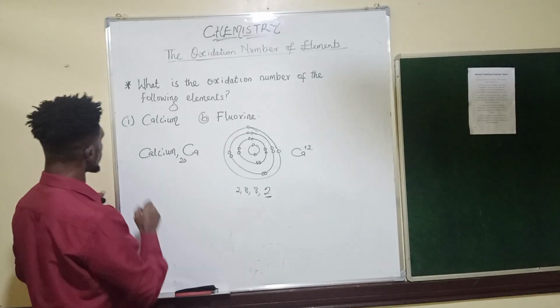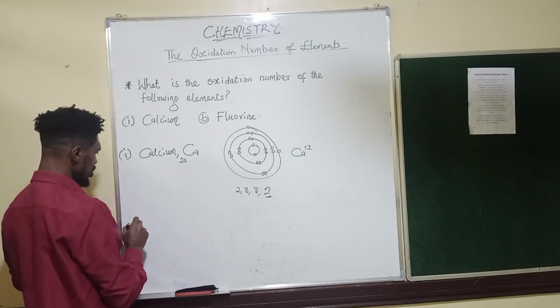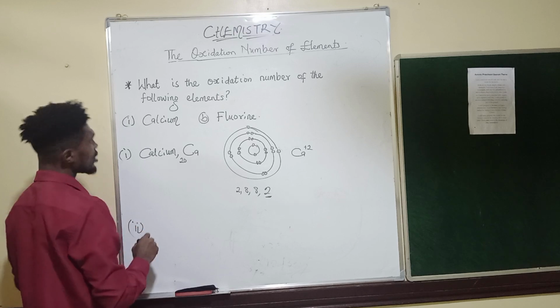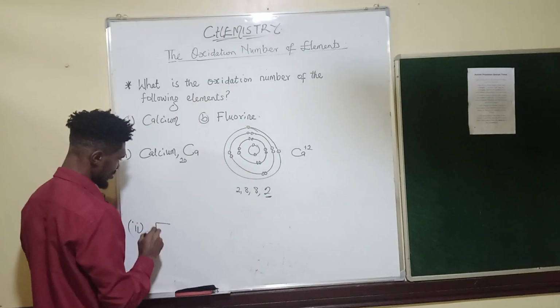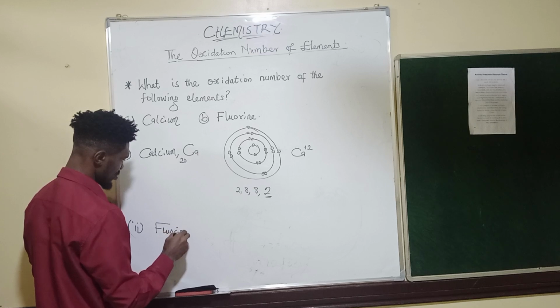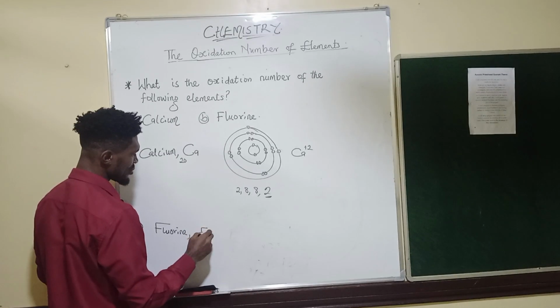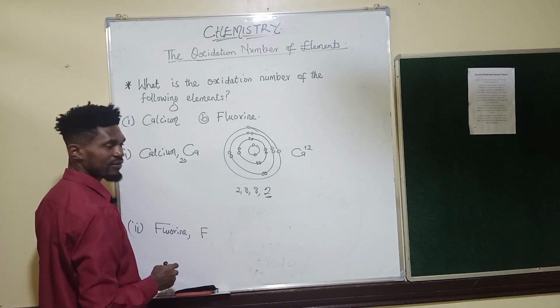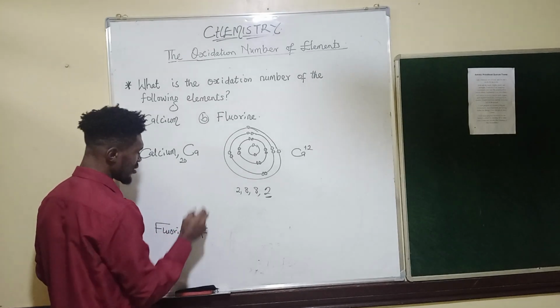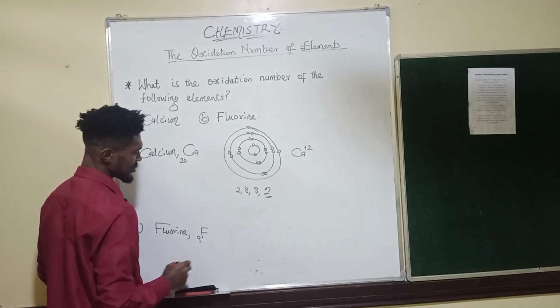So now we'll go to the second one, which is fluorine. The chemical symbol for fluorine is capital letter F, and it has atomic number of what? 9.